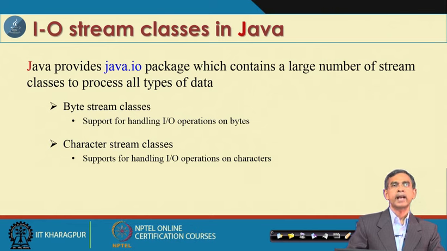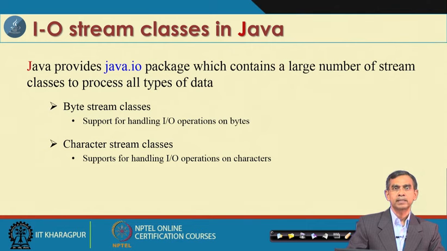All classes can be categorized into two broad categories: byte stream classes and character stream classes. In byte stream classes, the data input output mechanism is controlled in the form of bytes, whereas in character stream classes, data input output is controlled by means of streams of characters.